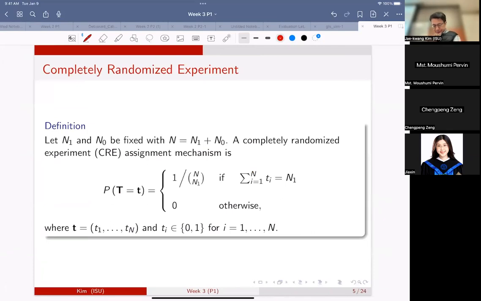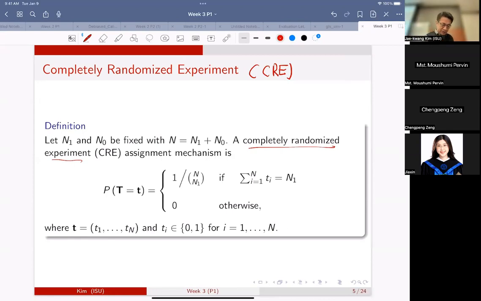Then the simplest possible design for an experiment is a completely randomized experiment. Okay, so that is actually the same as simple random sampling in the sampling design, right? So it's the same structure. Basically, the completely randomized experiment assignment mechanism is just equal probability.